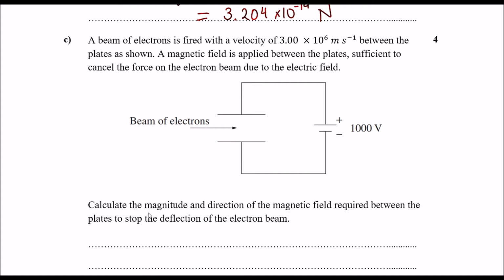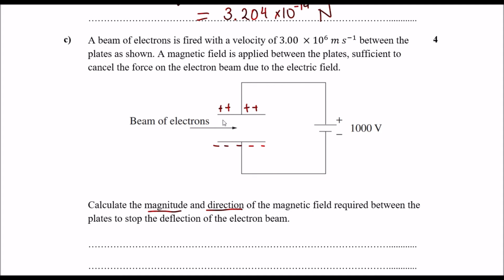And it says calculate the magnitude and direction of the magnetic field required by the plates to stop the deflection of the beam. Well, if we look at what we have here, we have our electric field, so positive, that's our negative end.